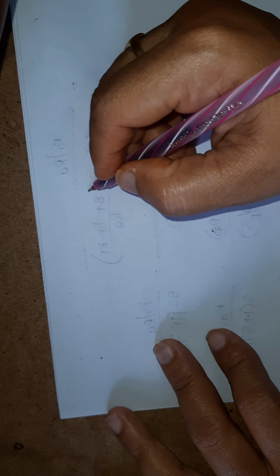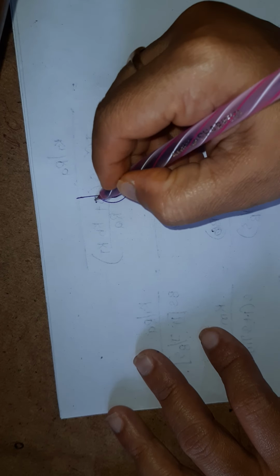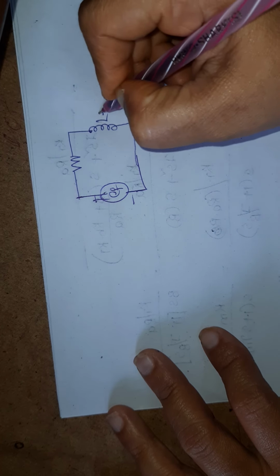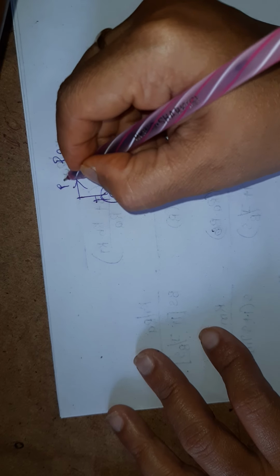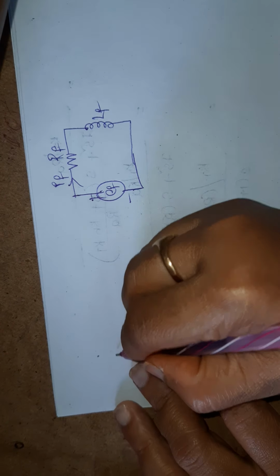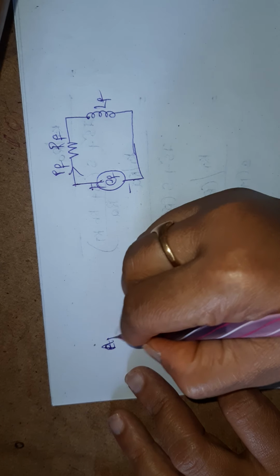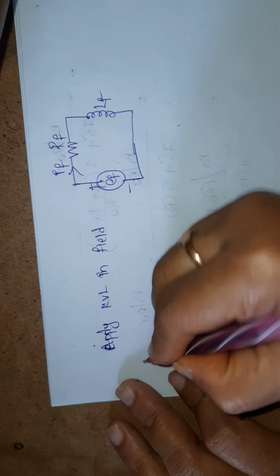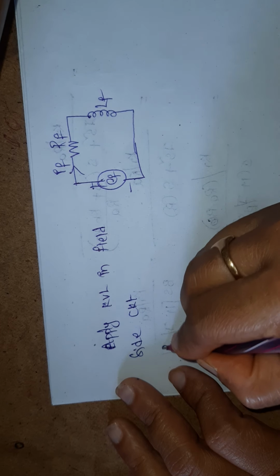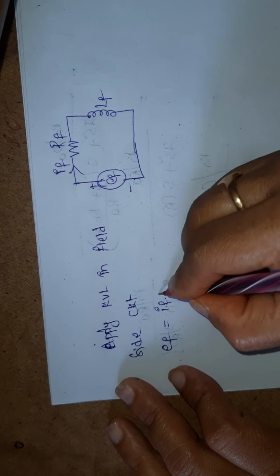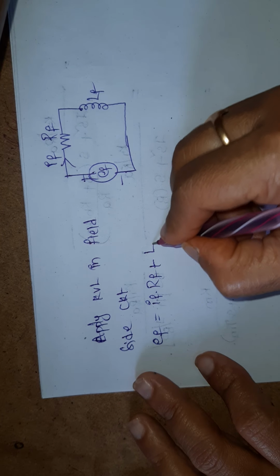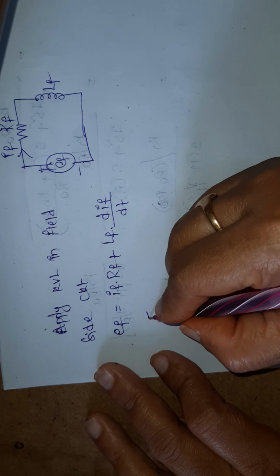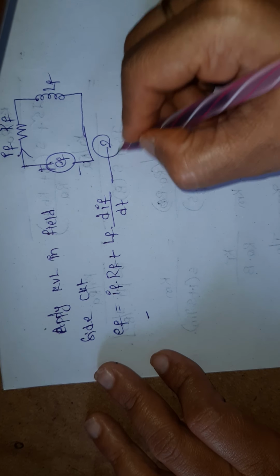In the field side, I have EF applied to RF and LF, through which the current IF is flowing. Applying KVL in the field side circuit, EF is equal to IF RF plus LF into dIF by dt. Write this as equation 2.